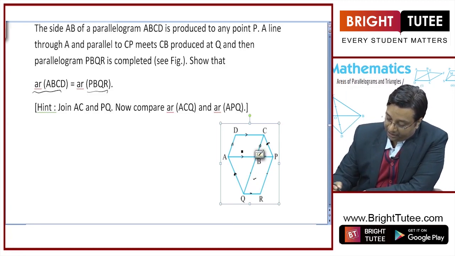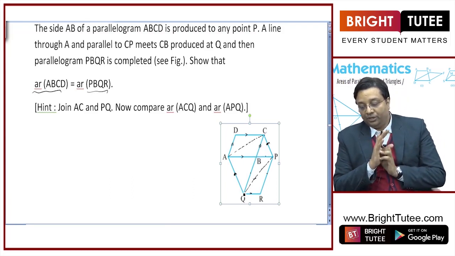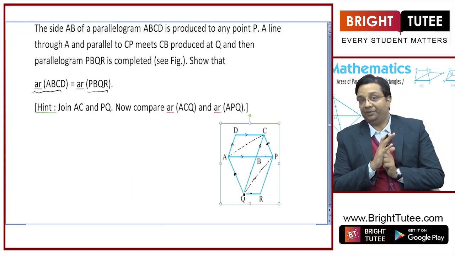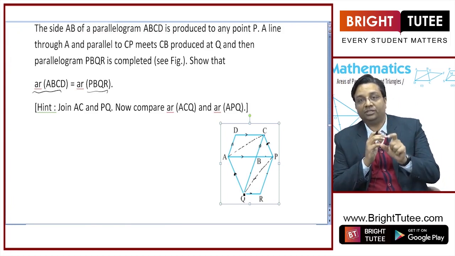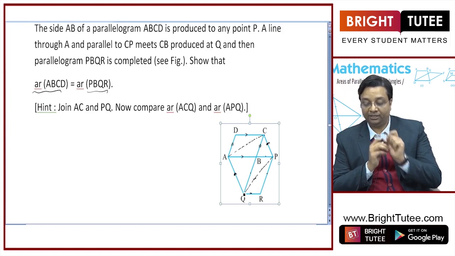Alright, now see, if I complete this triangle ACQ, and this triangle APQ, triangle ACQ and triangle APQ will have same area. Why? Because these lie on same base AQ and between same parallel lines AQ and CP.